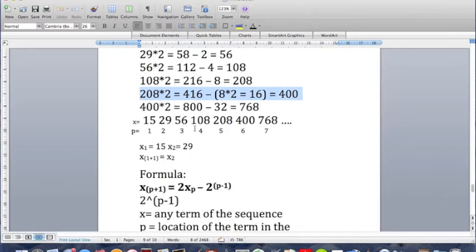Okay, but right now it's good to go, since we have the seventh term, p equals 7 and x_7 equals 760. We can easily utilize this formula and get the 8th term, 9th term.